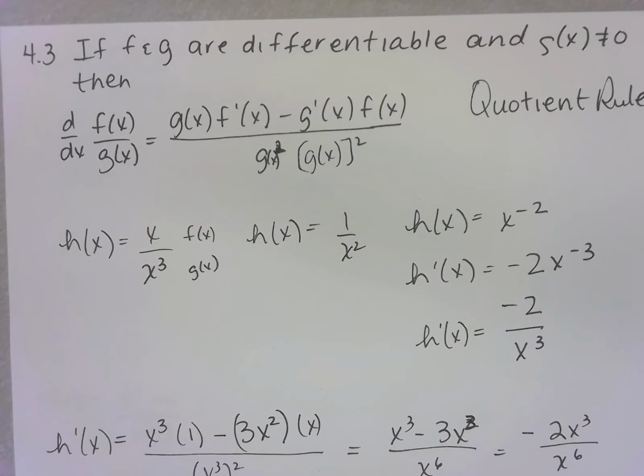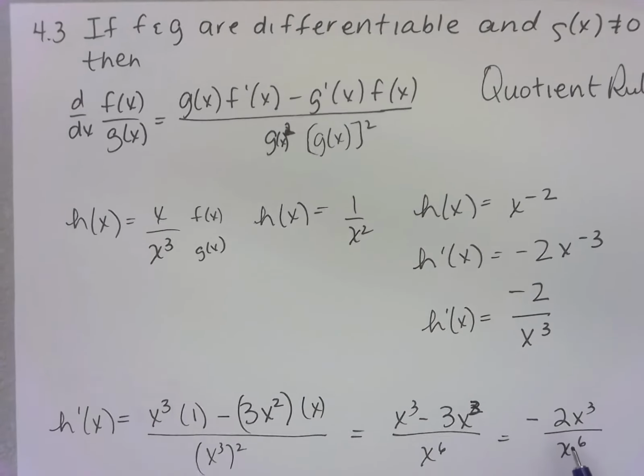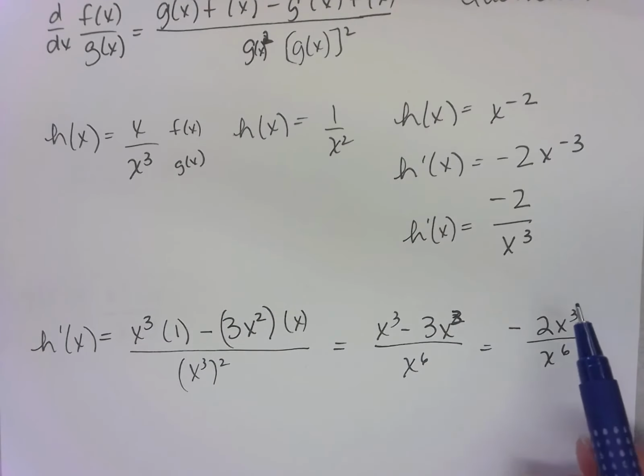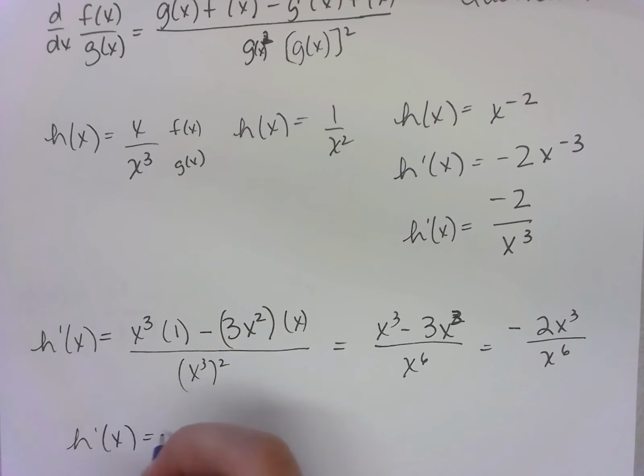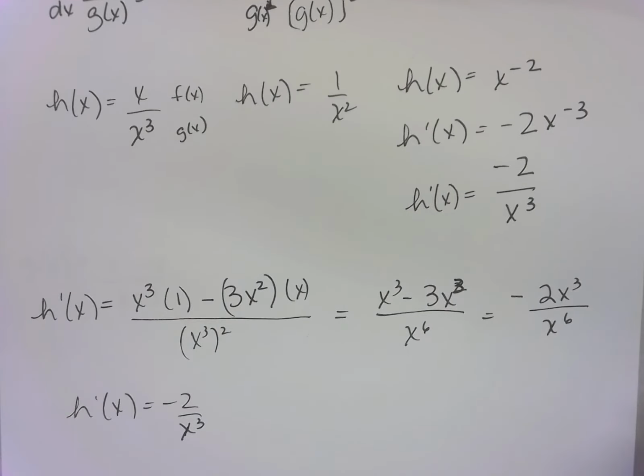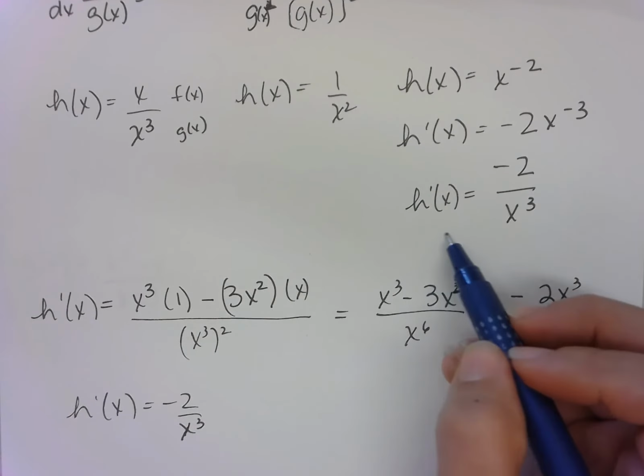Now it doesn't look exactly the same yet, but I can simplify this. I have an x cubed in the top, I have an x to the 6th in the bottom, so 3 of these x's, x times x times x, will simplify with 3 of these x's, leaving me with negative 2 over x to the 3rd, which is in fact the same.